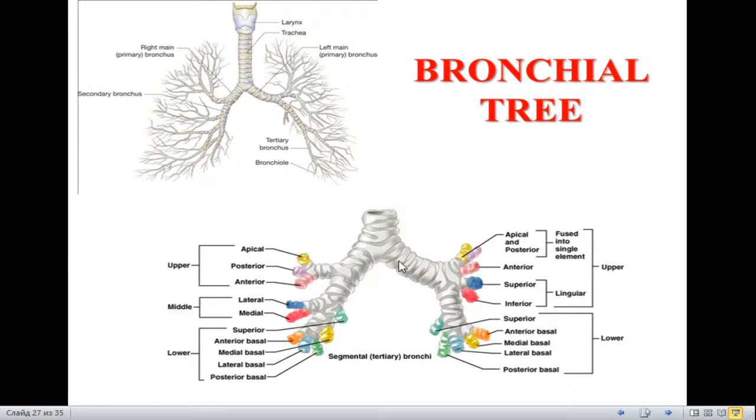The left main bronchus is more horizontal. That's why foreign substances which pass through the rima glottidis most often can be found in the right main bronchus.